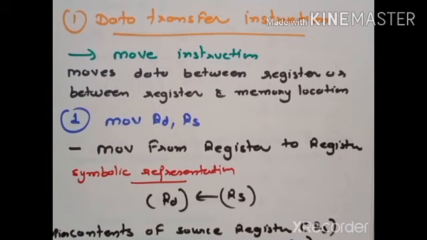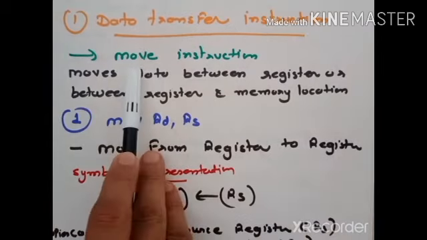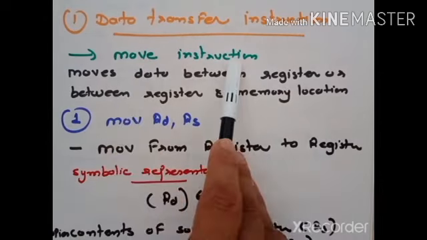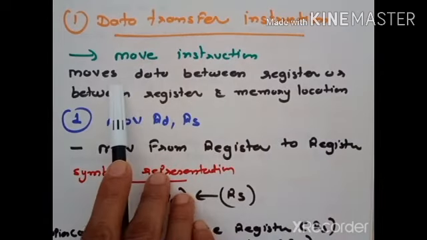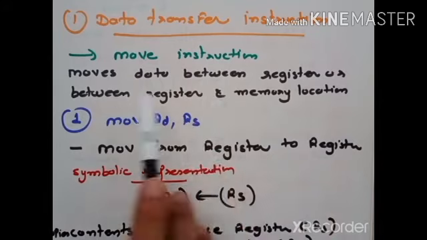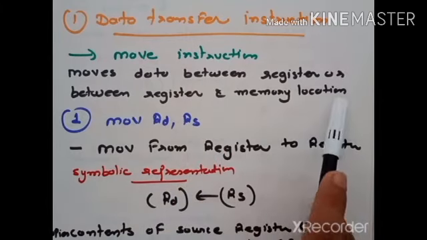Now start data transfer instruction. In data transfer instruction, the first instruction is move instruction. This instruction moves data between registers or between register and memory location.